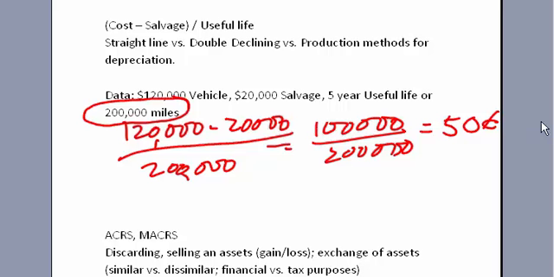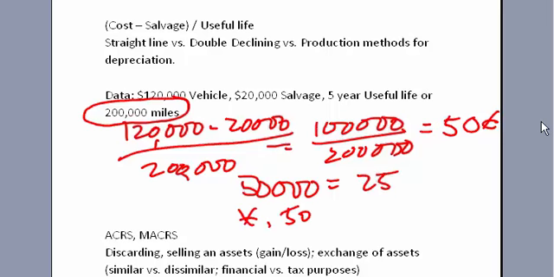Then you would just look and see how many miles you drove in any given year. So if you drove, let's say, 50,000 miles the first year, then your depreciation would be 50,000 times 0.5, or 50 cents. So you'd have $25,000 in depreciation expense.